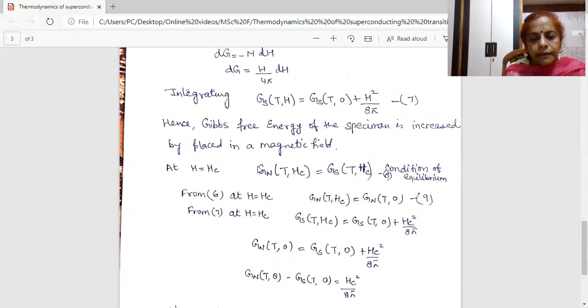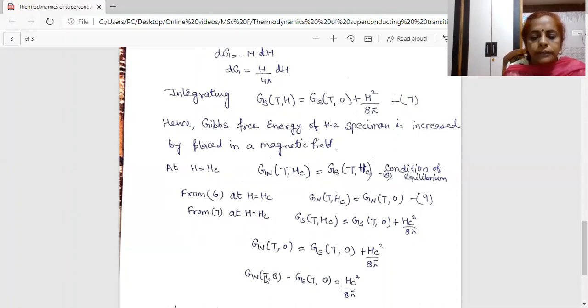Here I have Gs(T,Hc), and what is it equal to? From this expression it is equal to Gn(T,Hc), and from the ninth expression Gn(T,Hc) is equal to Gn(T,0). So in place of this I have written Gn(T,0), with the right hand side being the same.